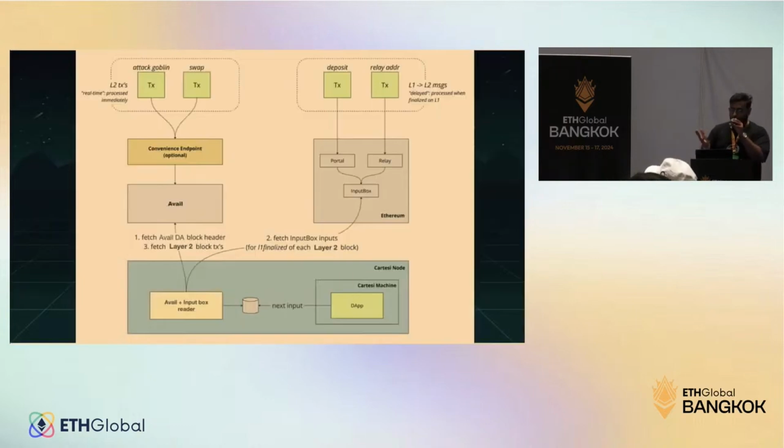How it works is you have a transaction which is sent to an endpoint, that transaction is picked up by Avail and sent to the Cartesi layer, and Cartesi processes it, and all of that good stuff.